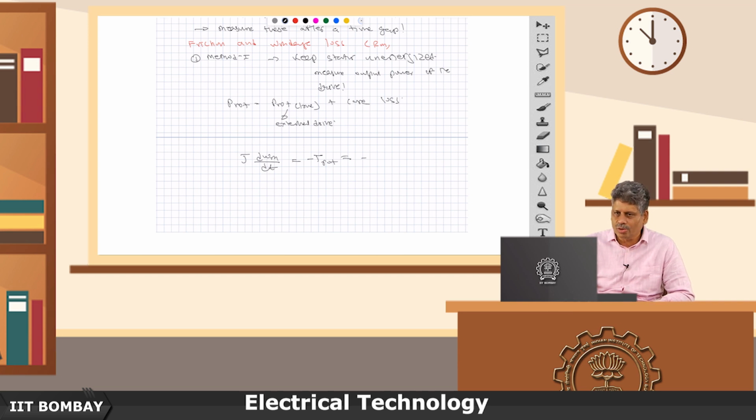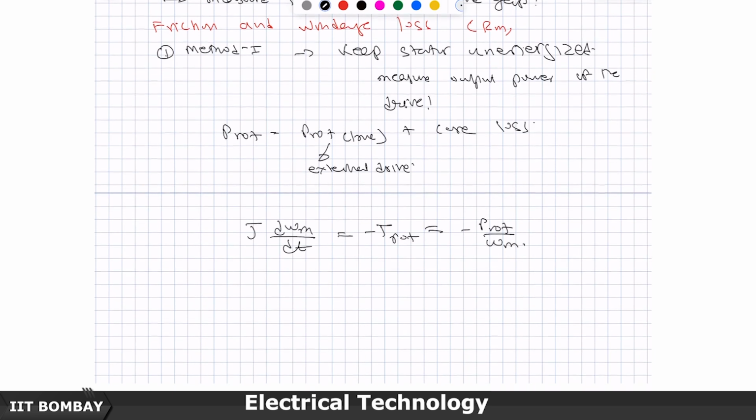Supply is gone, so core loss is not there now, and this will be P rotation by omega n. To measure P rotation, all you need to do is, immediately after you have disconnected at rated speed, measure the rate of change of speed, d omega m by dt, and from this you can also estimate the rotational losses.